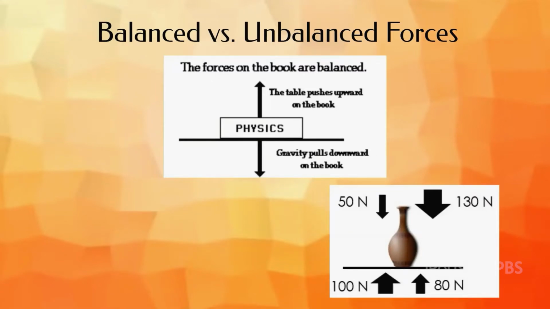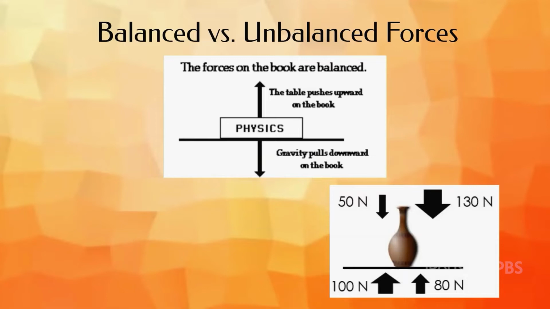So we can see here that the force is pushing up on the shelf, or the shelf pushing upward. You can see there's 100 newtons and 80 newtons. And again, we can see that the arrows are definitely relative to the size of the force. But again, those arrows are going in the same direction, so we're going to add those two together.